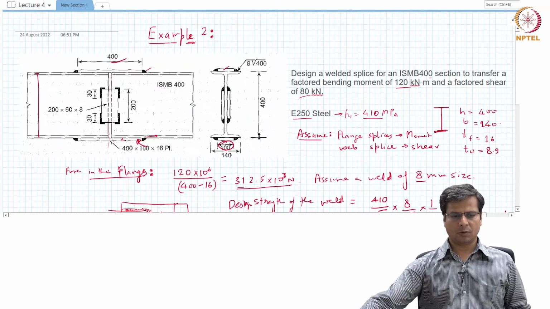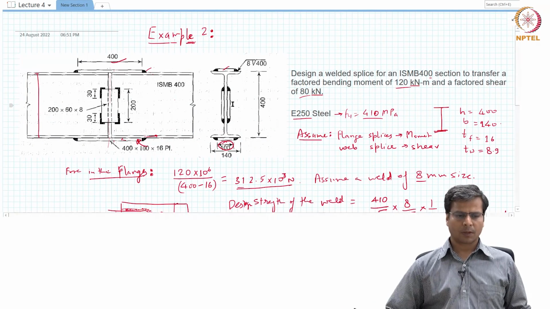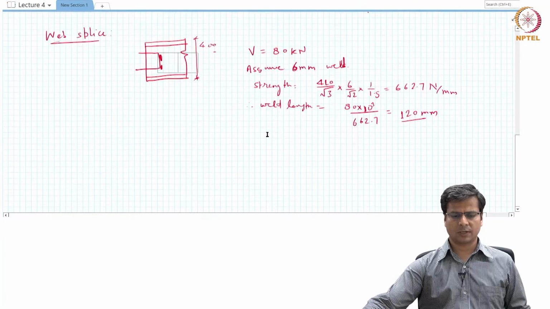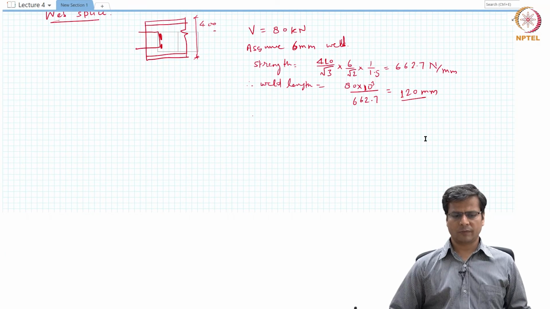Now if we look at this diagram again, you might notice that there is one splice provided on each side of this web. Which basically means that there are basically 4 welds to resist that load. 1, 2, and then there are 2 on the other side of this web. There are total 4 welds. Total length required is 120.